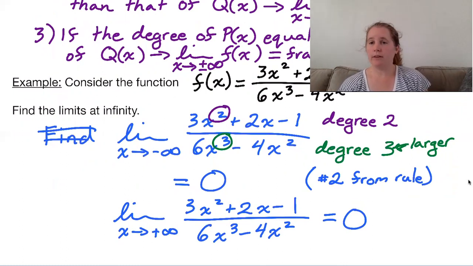Again, we look at the degrees. The denominator in this case overpowers, so it will go to infinity faster, and dividing by infinity ultimately takes us towards 0.